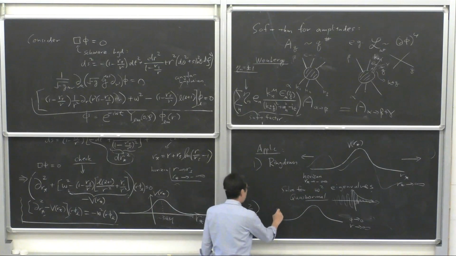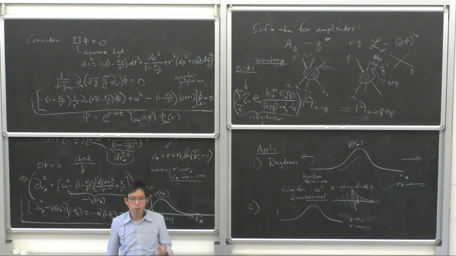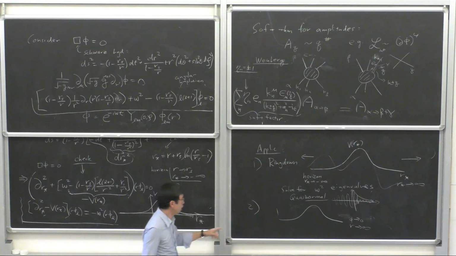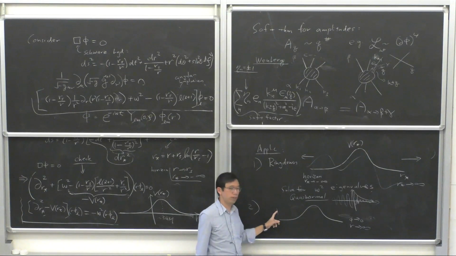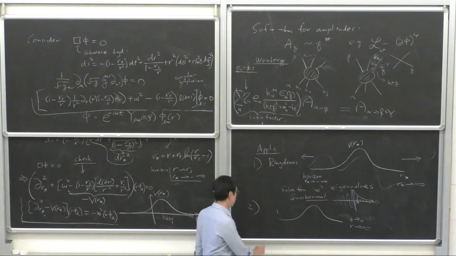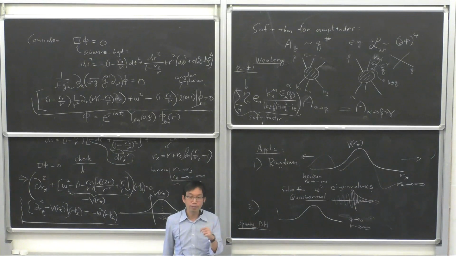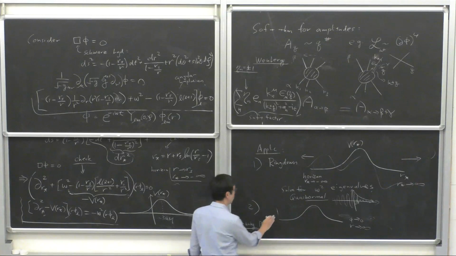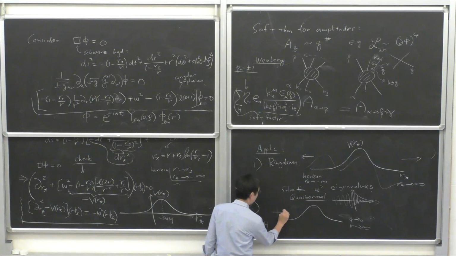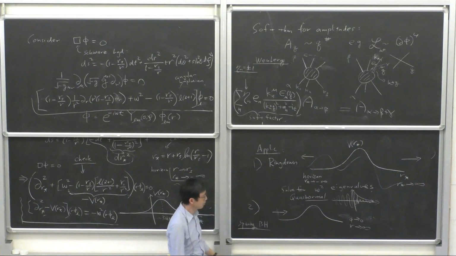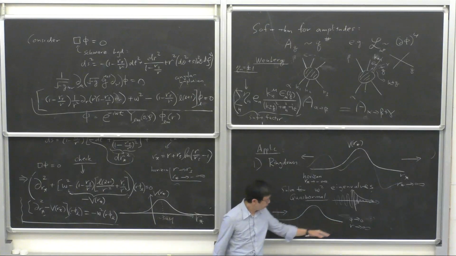And then at the horizon, the natural thing to do is to impose regularity of the field at the horizon. But it turns out if your black hole is spinning, effectively what happens is you can actually pull stuff out of the black hole. So the boundary condition is like this, going to zero far away.